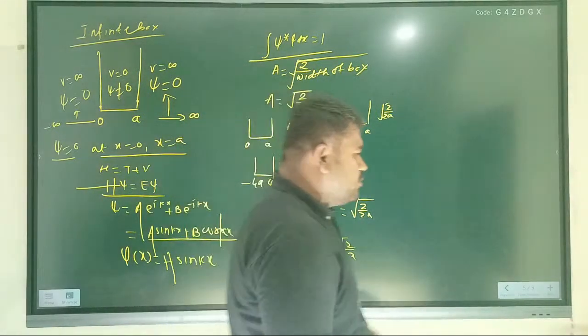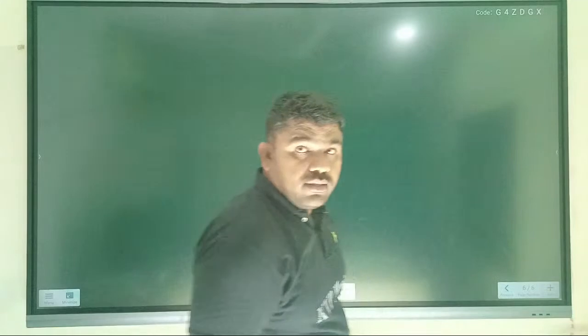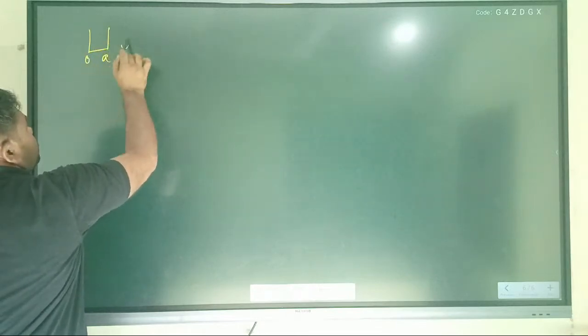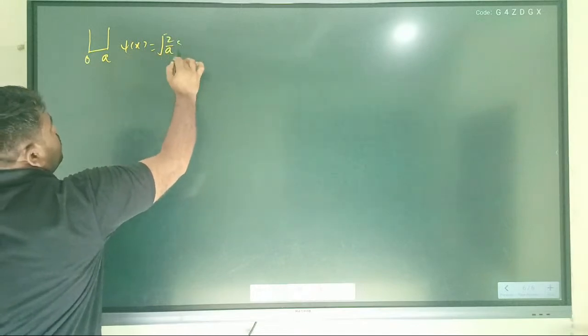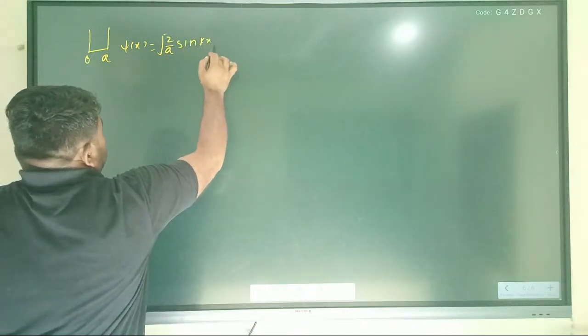Now, here the box is asymmetric. Clear? Box is asymmetric. Then 0 to a, suppose मान कीजिए, we are getting psi of x is equal to how much? Psi of x is equal to root 2 upon a sin kx. Or we can substitute the kx value.